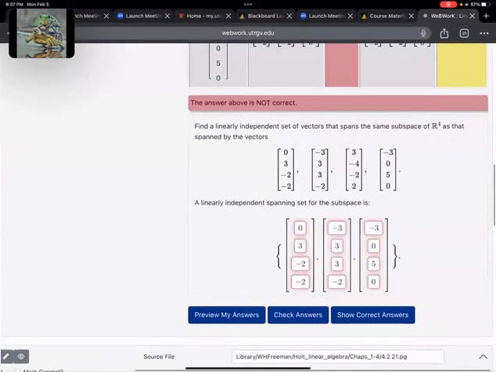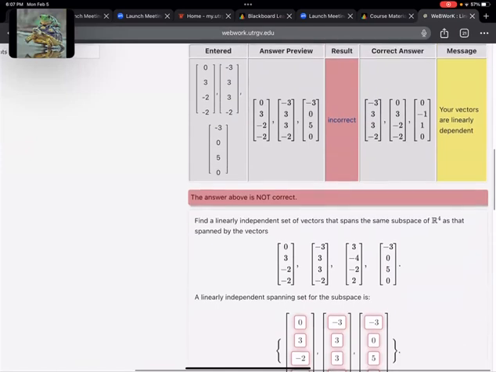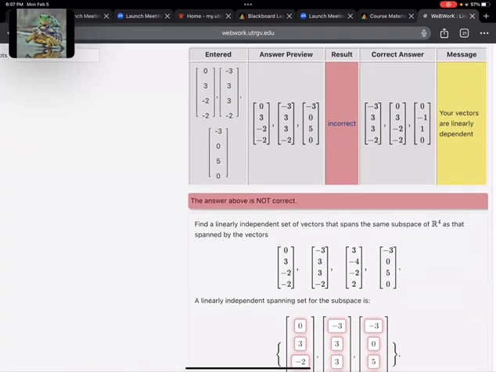It didn't work. Your vectors are linearly dependent. Minus 3, minus 3. Maybe there is a way to get those. How can that depend? So it's not that easy.